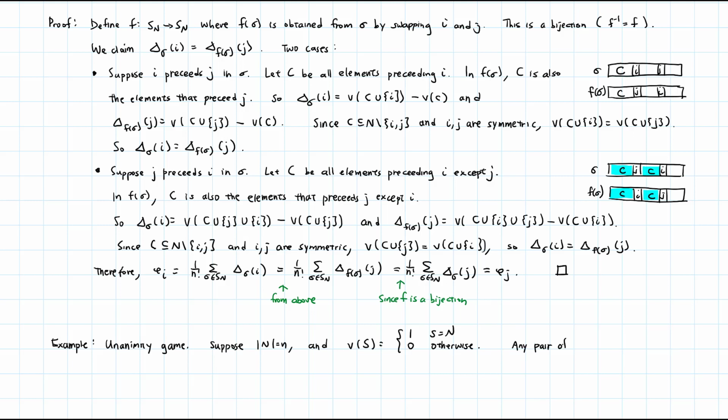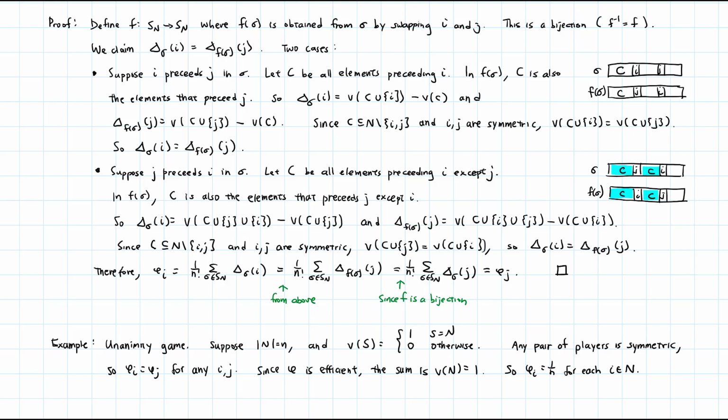We can see that any pair of players is symmetric. So phi of i is equal to phi of j for any i and j. And since phi is efficient, the sum is V of N, which is 1. Dividing this over all n players, we see that phi of i is equal to 1 over n for each player i. And they are the Shapley values for this game.